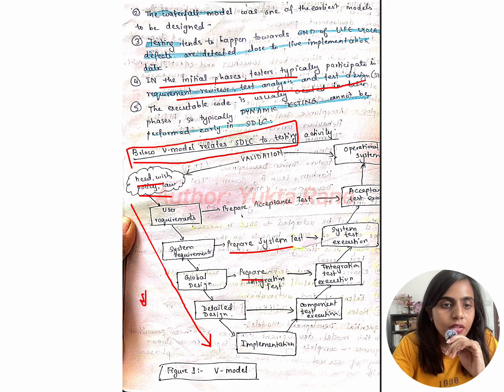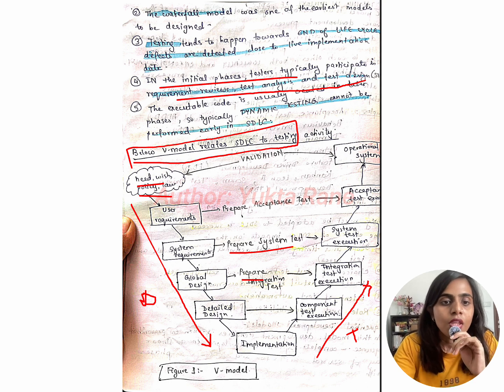This is nothing but development, and this is nothing but testing. From here all the testing part will start up till the end. By testing I mean dynamic testing. I have tried to relate the development phases to the testing phases. So this is the V model that we call.